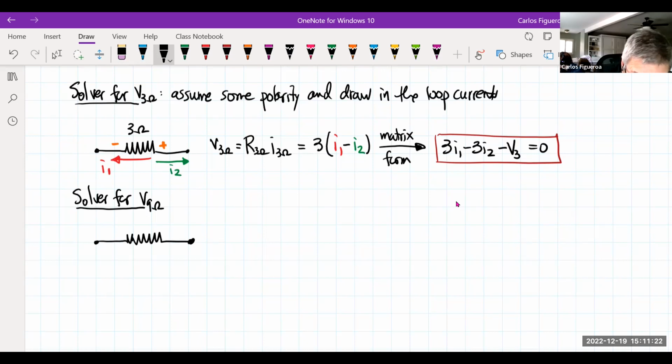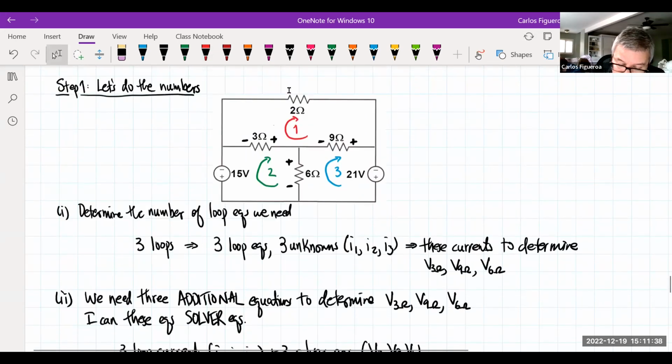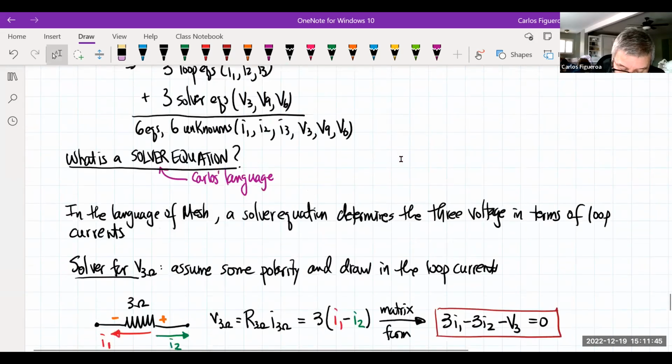I've already given this polarity, that's my assumption. And then I have 2 currents. In this case, I have current I1 flowing in this direction. Looking at the circuit here, I have I1 going from positive to negative, and then I3 going from negative to positive.